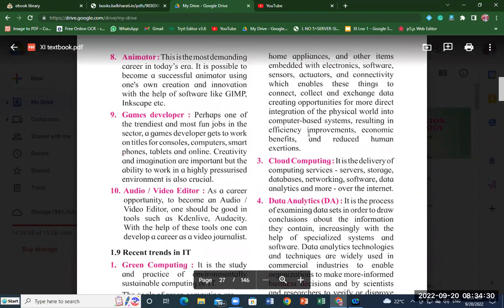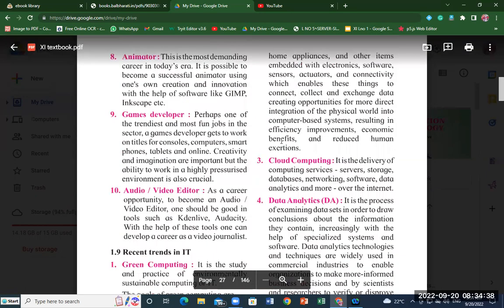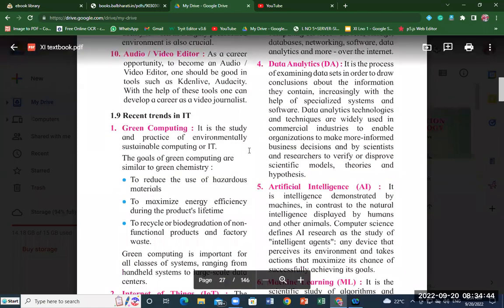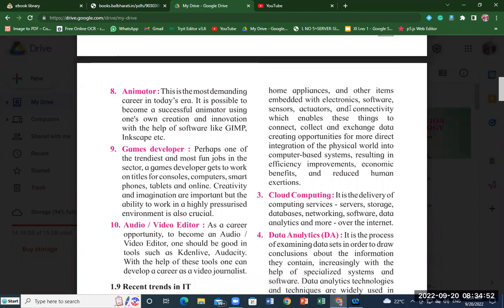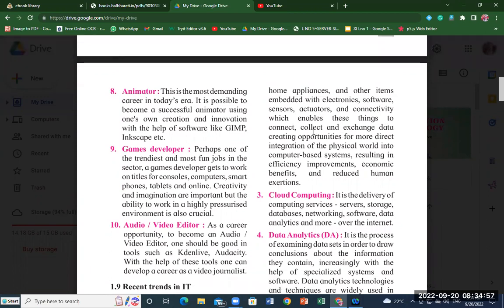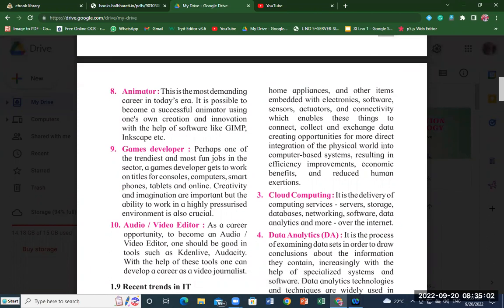Now this IoT, you have one full chapter on it next year. It is a network of physical devices, vehicles, your home appliances, and other items embedded with electronics, software, sensors, actuators, and connectivity, which enables these things to connect, collect, and exchange data, creating opportunities for more direct integration of the physical world into computer based systems.